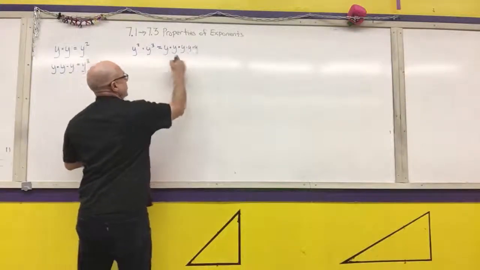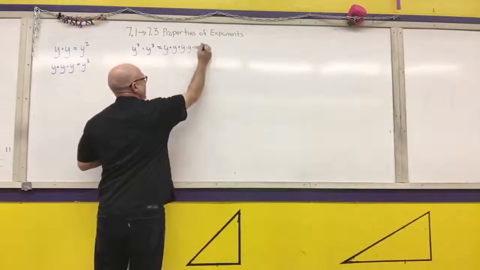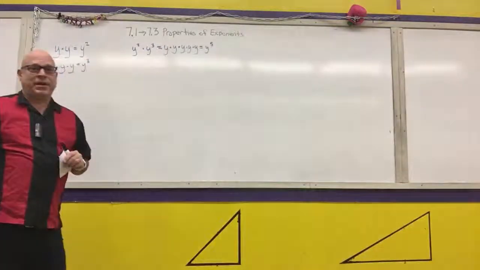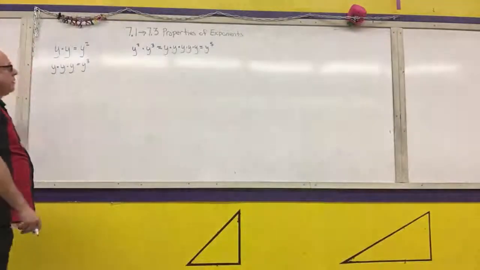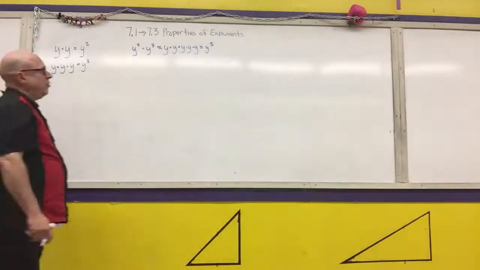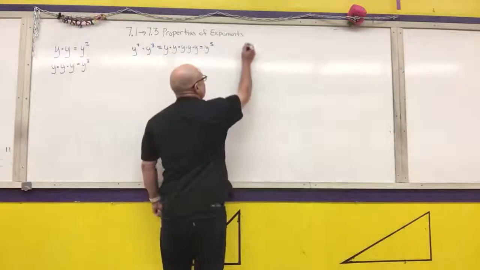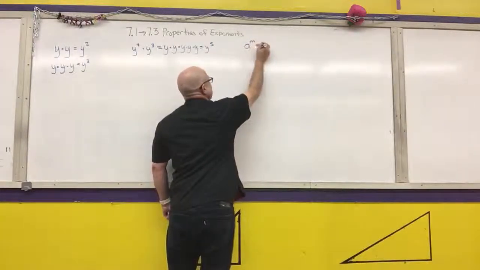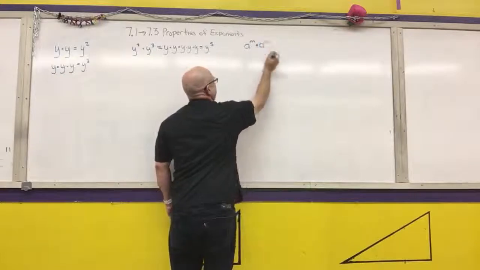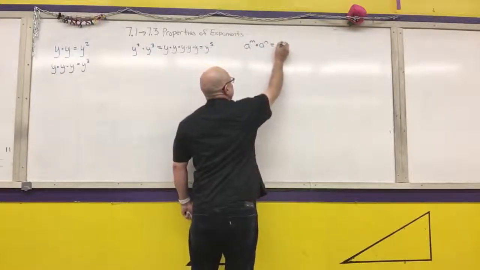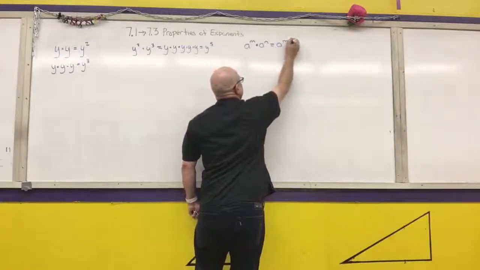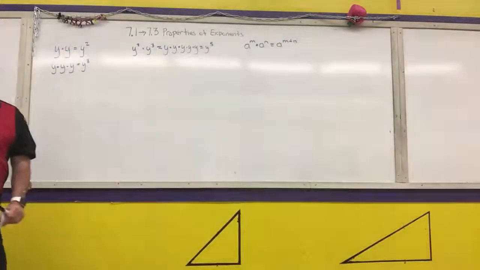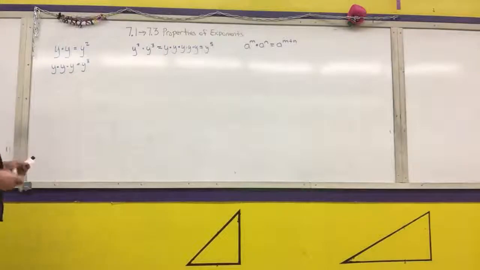And that is equal to 1, 2, 3, 4, 5 y's multiplied by each other, or y to the fifth. So as a general rule, if you have a number to a power times the same number to another power, all you do is you add the exponents together. So that is our first property of exponents.